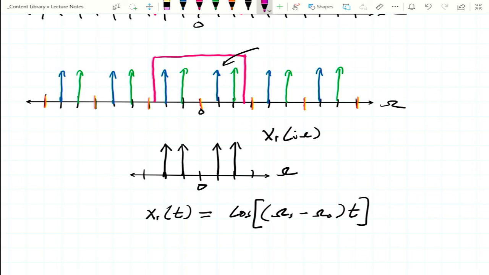If we couldn't change the sample frequency, what else could we change? Omega naught is the frequency of the signal. So we can't change the frequency of the incoming signal, and we can't change our sampling frequency. There is one other thing we can change.